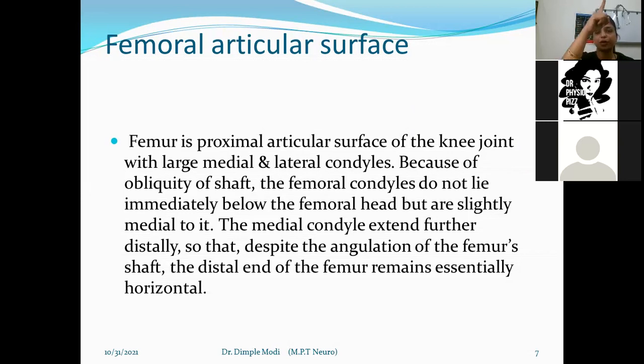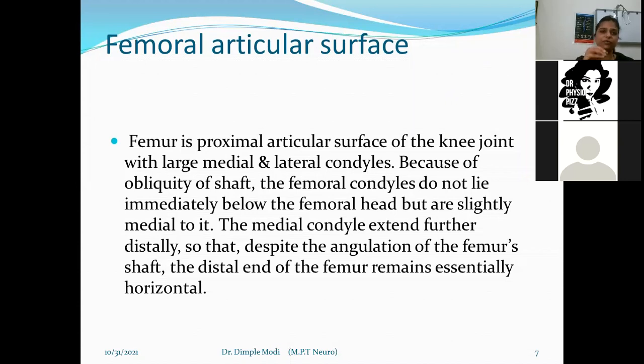The condyles are not in a straight line with the femoral head, but are slightly medial. Because of this obliquity, the lateral condyle comes in line with the shaft of the femur.